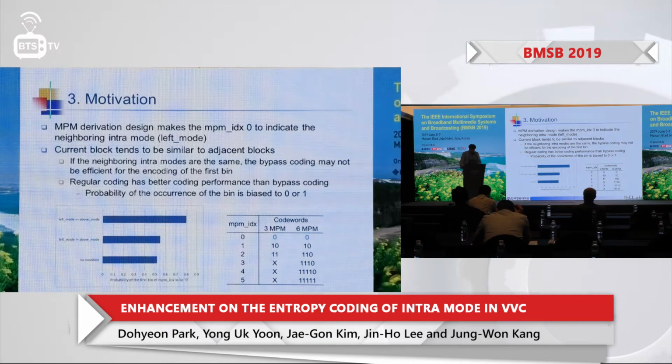Regular coding has better coding performance than bypass coding when the probability of certain bins' occurrence is biased to 0 or 1. If the neighboring intra modes are the same, the bypass coding may not be efficient for the encoding of the first bin.